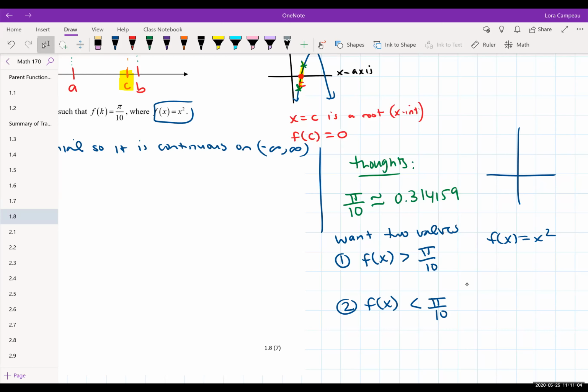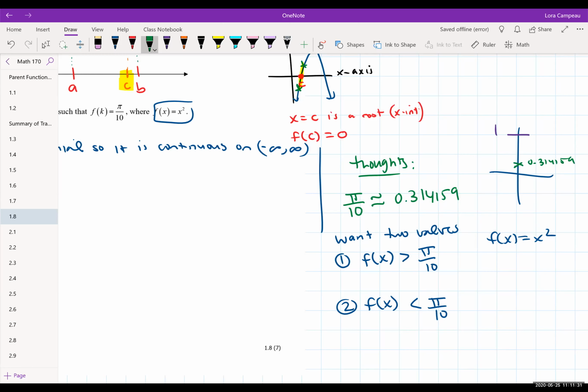Okay. So just consider this number line-wise. If you're on the y-axis and you're equal to about 0.3, let's do this. What if we're 1? 0.3 would be located about here. 0.314159.